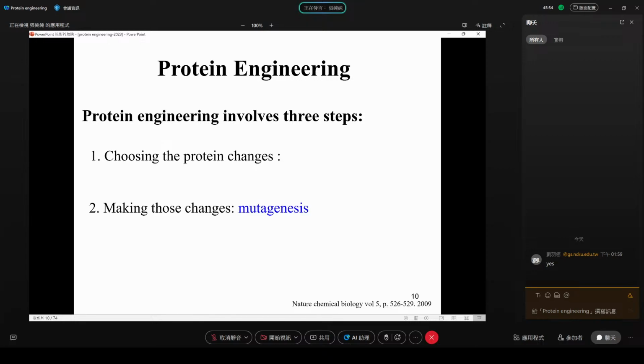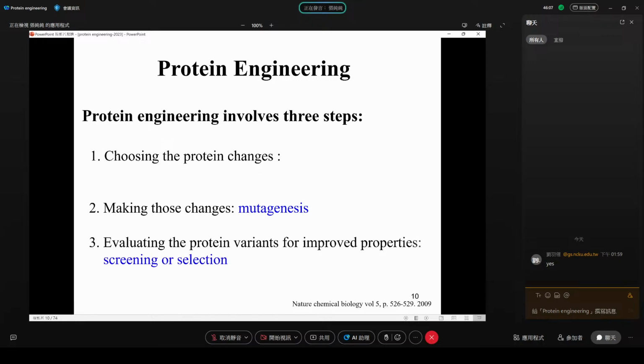After you make the choice, you have to figure out what kind of mutagenesis technology to apply to efficiently generate new versions of the protein. The third step is to evaluate these protein variants to check whether they have improved properties, by screening or by selection. Okay, let me make one thing clear.